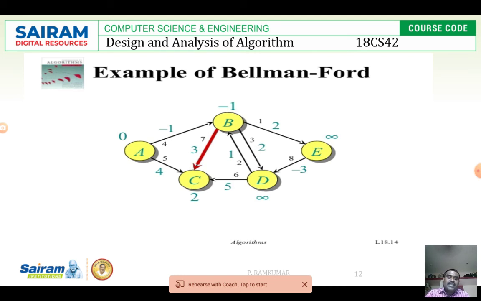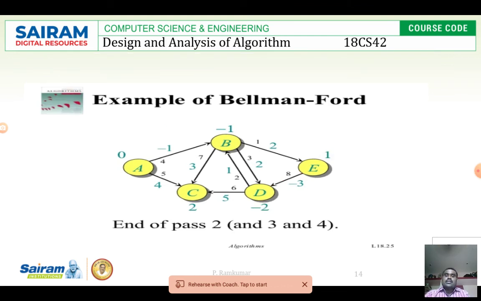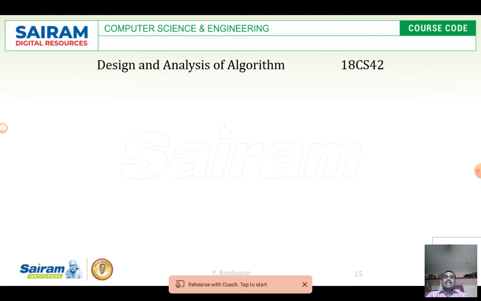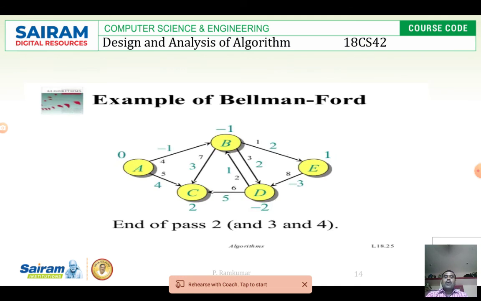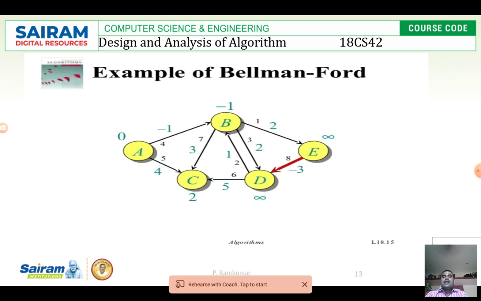So infinity at D will be replaced, and the value will be changed accordingly. So it will be written in D. So this is all about the Bellman-Ford algorithm. It need not be stopped after only one pass. Repeatedly we have to do it until all the values in the vertices are updated.